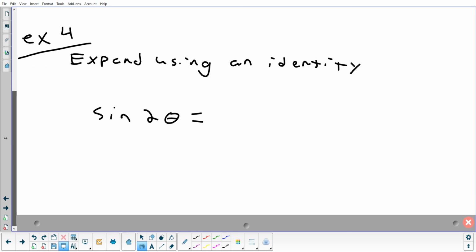What's another way I can write 2 theta? I'll give you a hint. It's going to involve a sine identity that we learned today. What could you put inside the parentheses that would be equivalent to what I have right there?